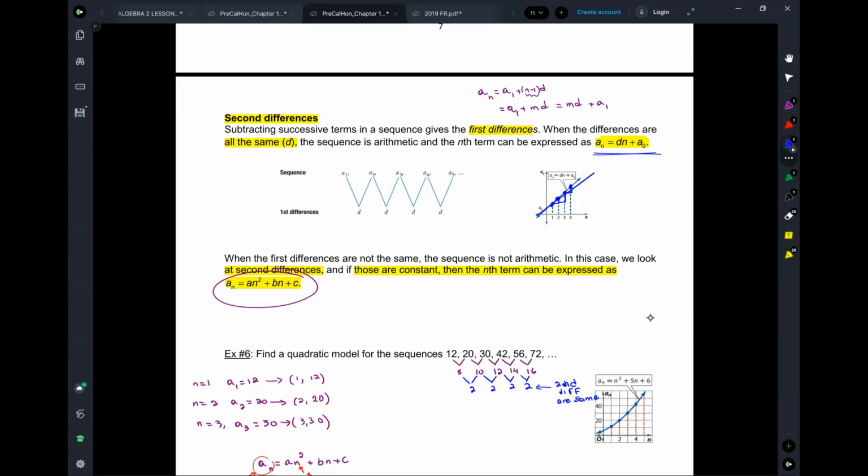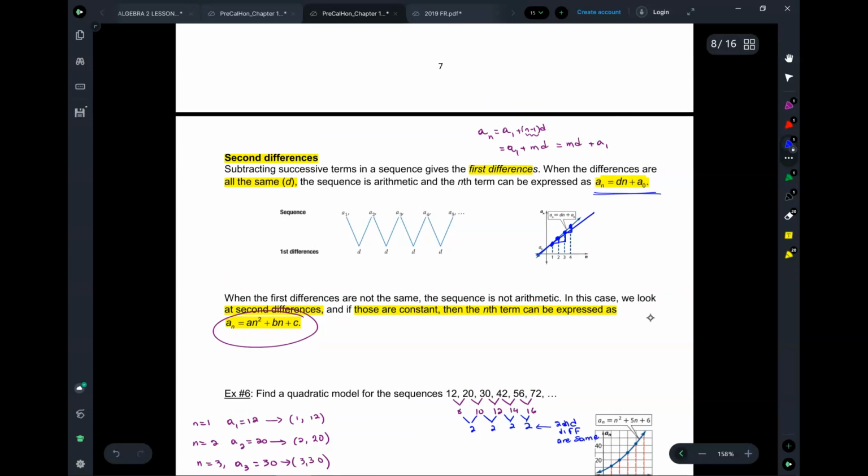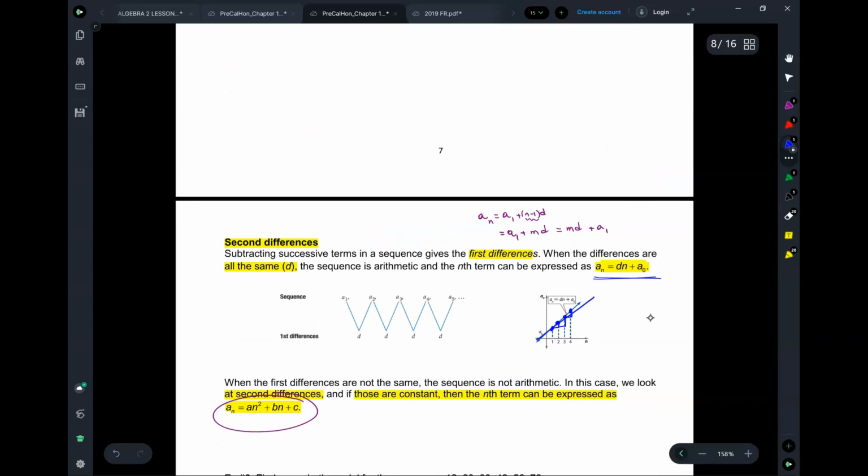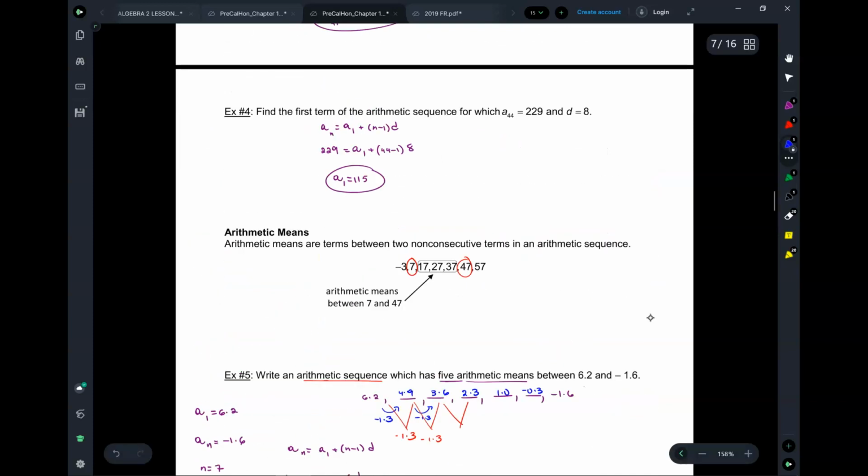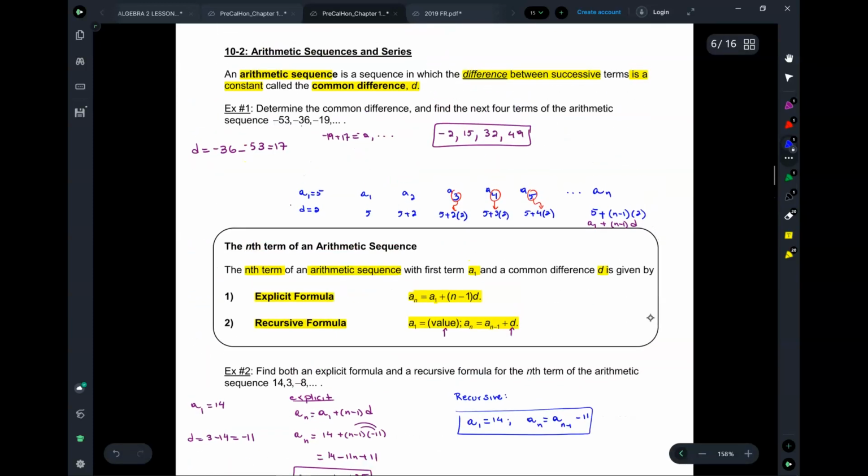And what that does is, remember how we started our list with a1? At every step, we added n minus 1 d's, right?